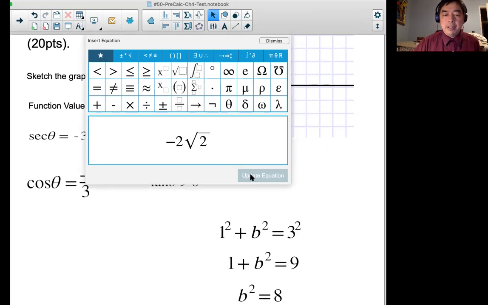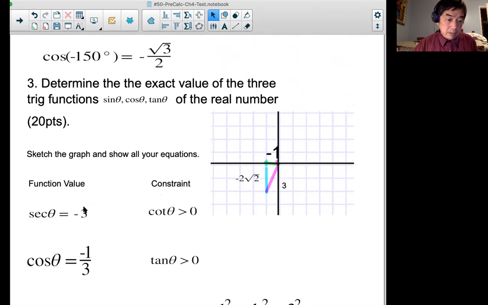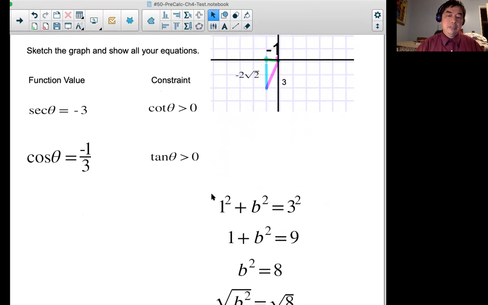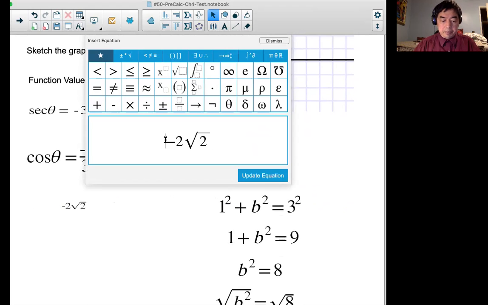Okay. Now we have to go step by step. First one, they're asking for sine, cosine, tangent. Sine is opposite over hypotenuse. So sine theta equals opposite over hypotenuse.